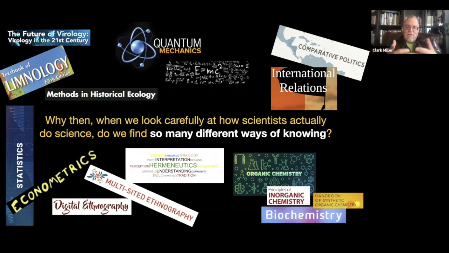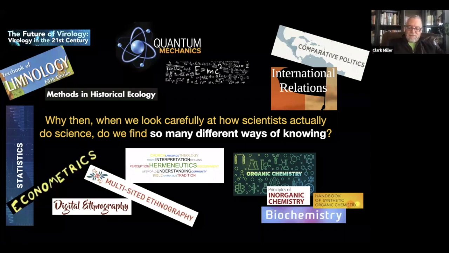But those periods rarely last very long. The reason is because we need lots and lots and lots of different kinds of research methods in order to be able to answer different kinds of research questions.